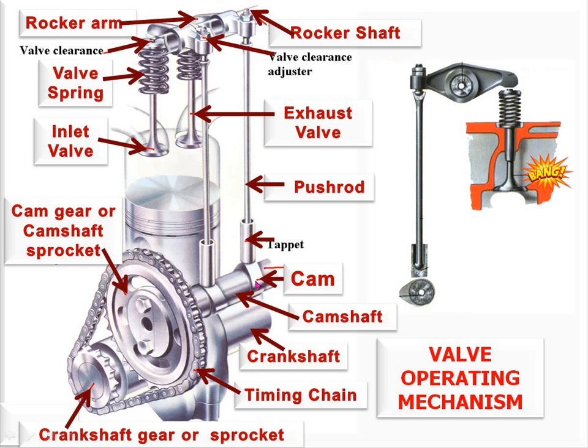So as and when the lobe of the camshaft comes in touch with the push rod, it pushes upward, and that upward motion is transferred through the rocker arm and spring mechanism, and thus it pushes the valve stem downward, and the valve opens in the cylinder.